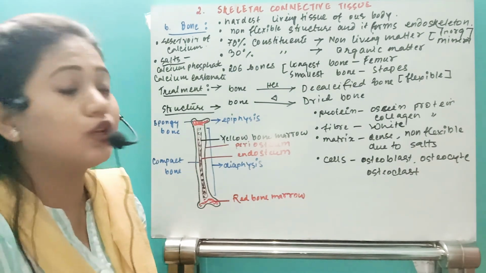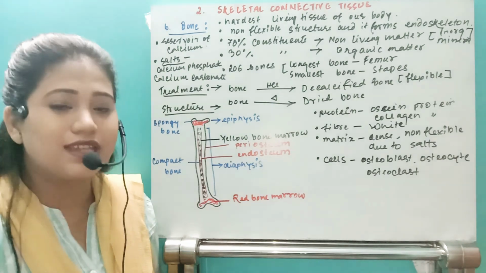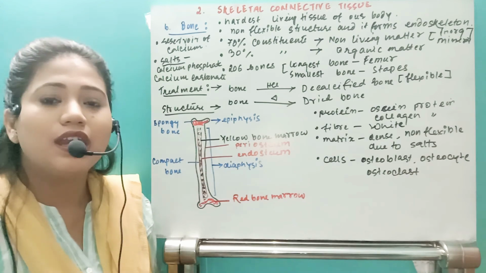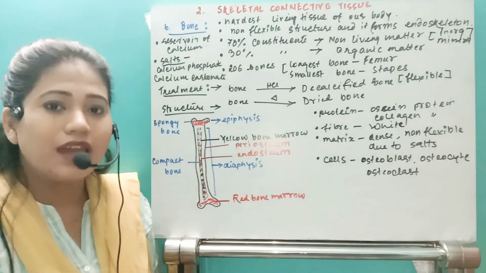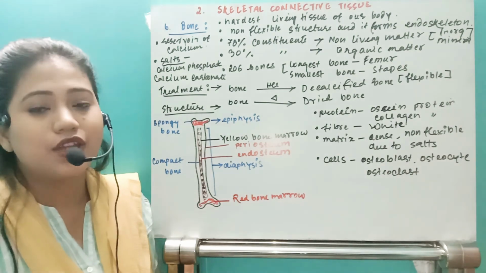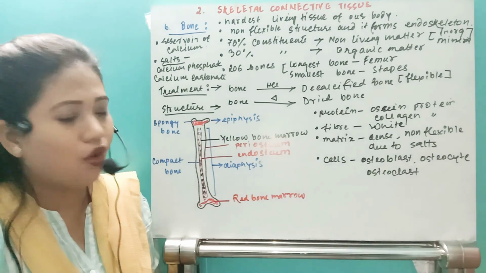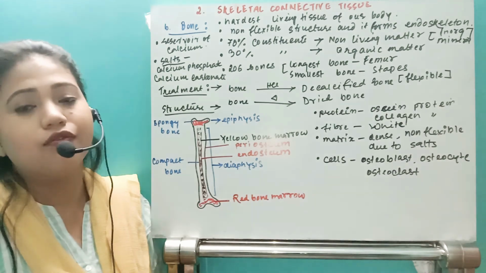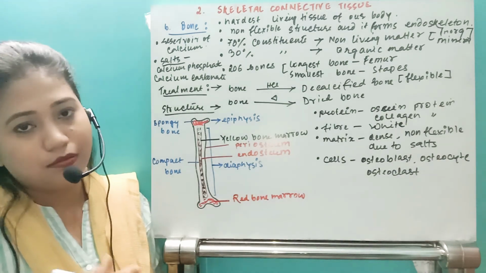Next one, the osteoclast cell. The osteoclast cell is actually the destroying cell. If the osteocytes die, then the dead osteocytes will be engulfed by the osteoclast cell, right? So these three types of cells will be present in the bone.